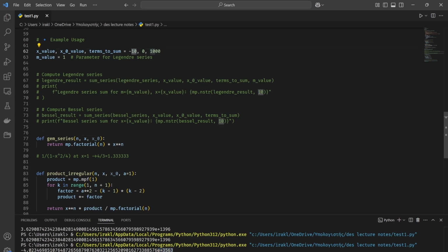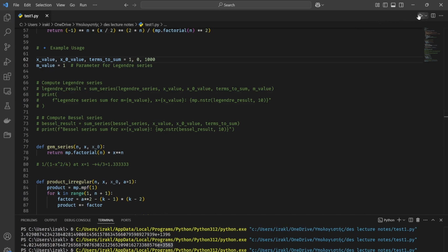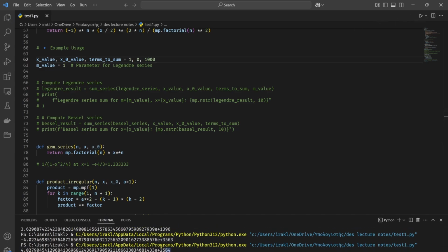What happens at 1? It's pretty close to infinity as well. And at 0, we should expect to get 1, the only point where the series does converge. And this is true as well.